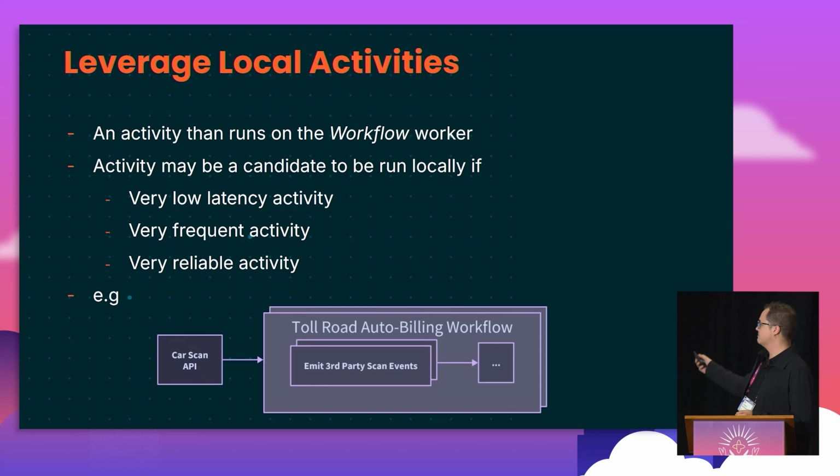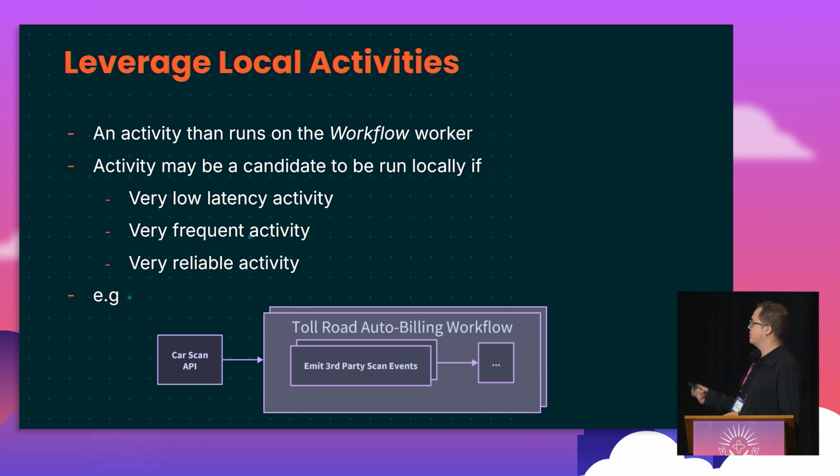If you scanned, you might want to say, oh, this person drove past this toll road. You might want to emit an event, but it's not for your own internal usage. You're trying to do a best effort delivery to third parties. Maybe insurance companies want to know how much people are driving, so they're going to get this data from the government. It's a best effort delivery, and you're sending a bunch of them, and they're usually low latency. Maybe you're updating DynamoDB, or you're sending something onto a Kafka topic.